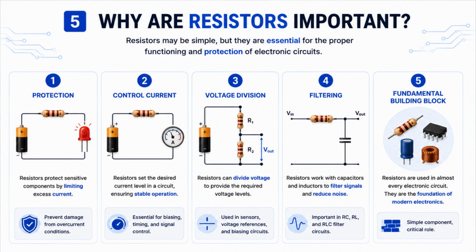This principle is widely used in communication systems, audio devices, and power electronics. In addition, resistors are essential in measurement and sensing applications. Temperature sensors, light sensors, and many other electronic devices rely on changes in resistance to detect physical quantities and provide valuable information to control systems.